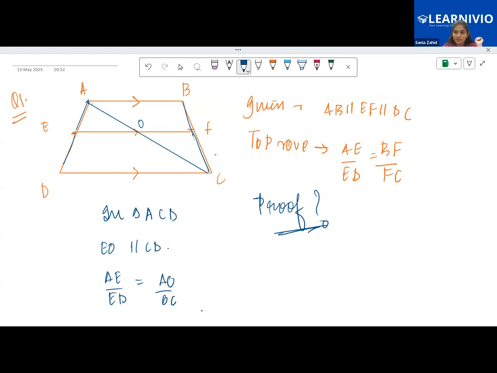Yeah, but in a trapezium, if a line is parallel to both lines, then by BPT it's proportional. It's proportional, right? But I don't think you can directly write it in 3 marks. You have to show some proof. Did your teacher just tell you to write it directly? Yeah, we did it by BPT.